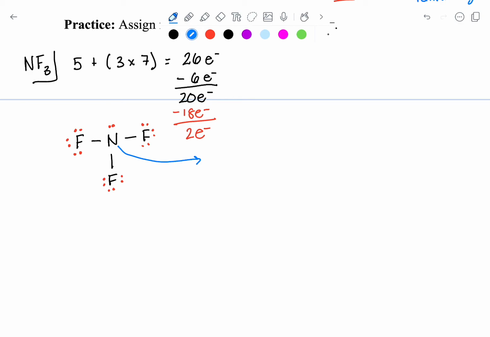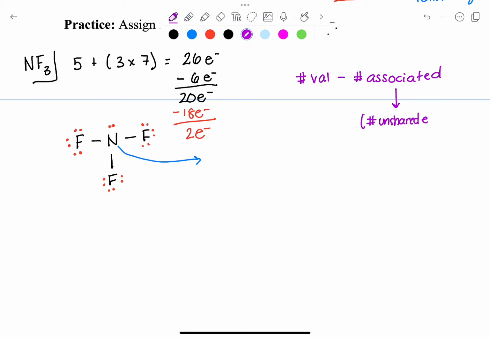So remember, our equation for formal charge is number of valence electrons minus our number of associated, where number of associated is number of unshared electrons plus the number of shared divided by 2, which you could also see as just the number of bonds.